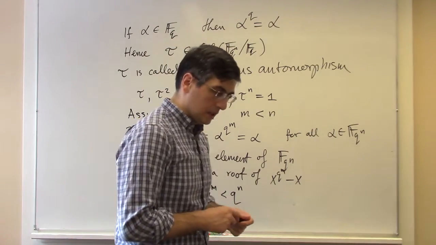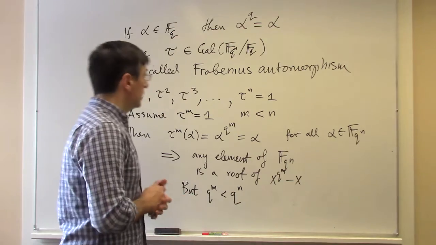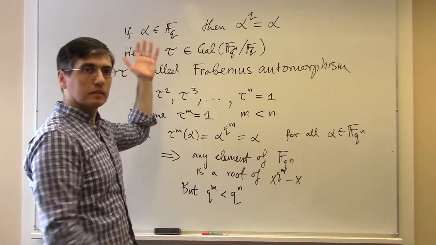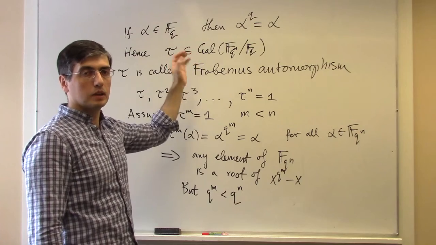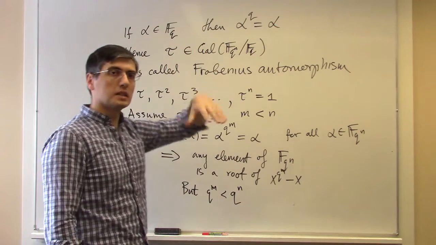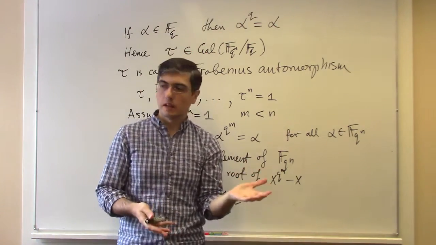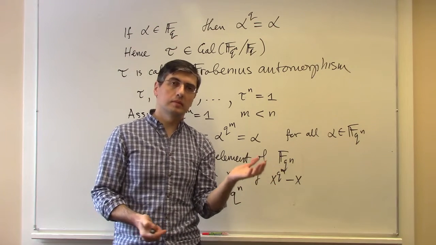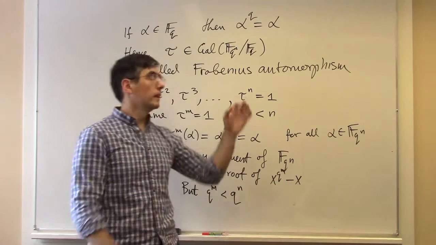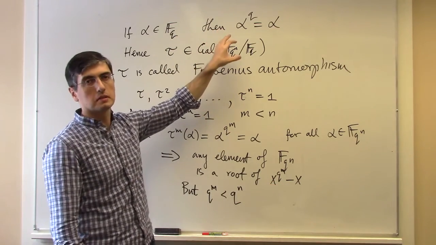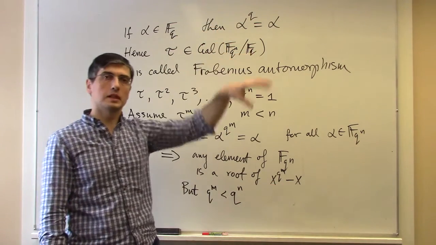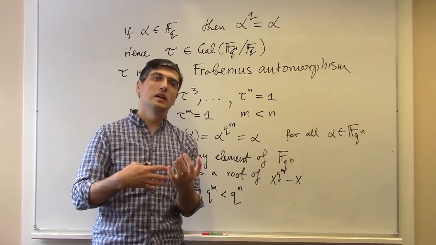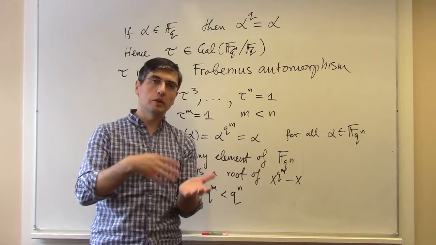So the Galois group is cyclic. You also recover the main theorem of Galois theory from combining a little bit of group theory with whatever we said about finite fields. So there is a unique extension of degree n for each Fq, right?